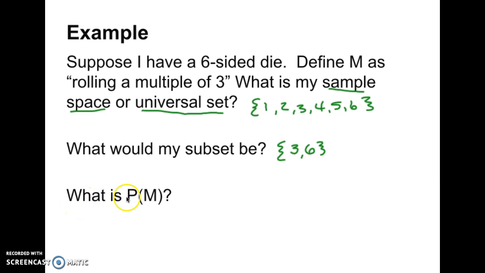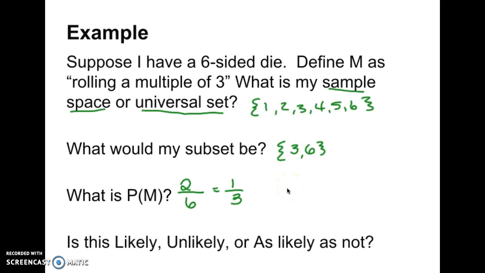Then it says, what is the probability that I roll a multiple of 3? Since we're talking about probability, there are 2 multiples of 3 out of the 6 possible outcomes, and we're going to reduce that to make it 1/3. Or again, I could turn it into a decimal or a percent.